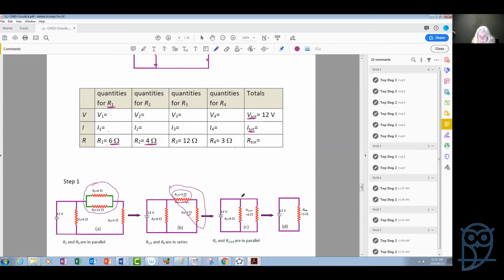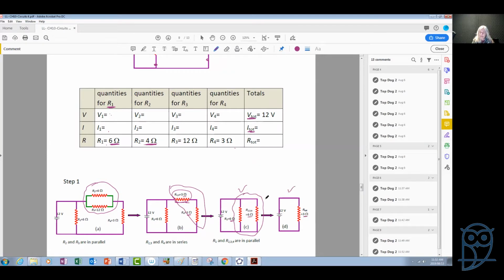Now this circuit is less complex than the previous one. And lastly, we have these two resistors in parallel, and they're both 6 ohms. We replace this parallel branch with its equivalent, and since they are both equal, the equivalent is half of the value of one, so it's 3 ohms.